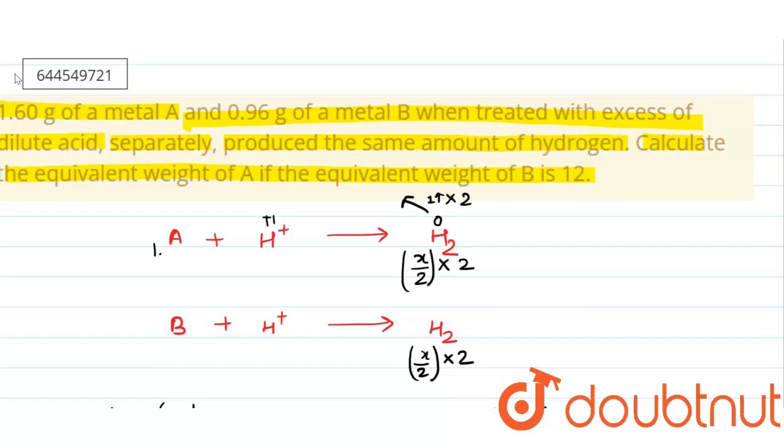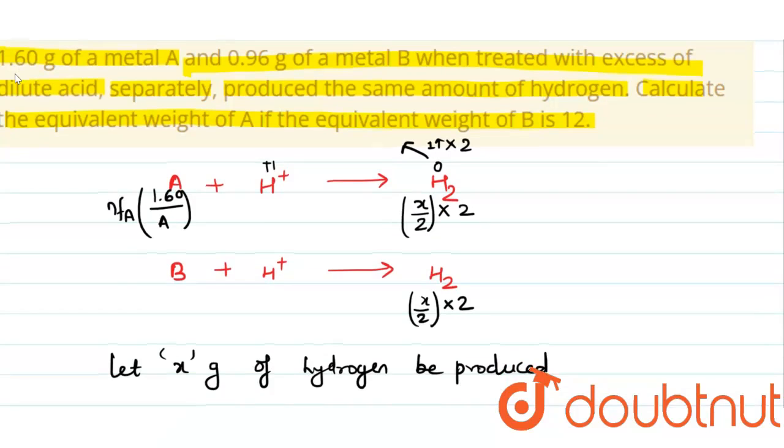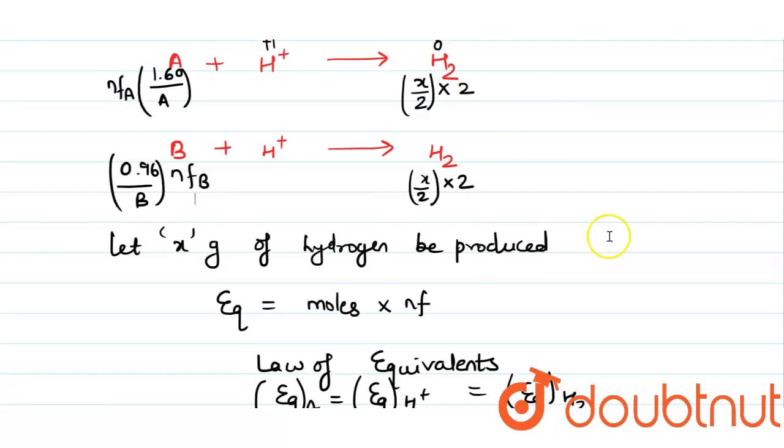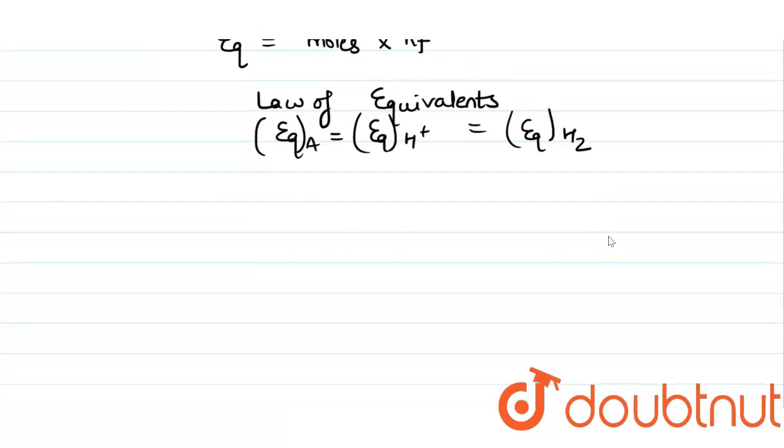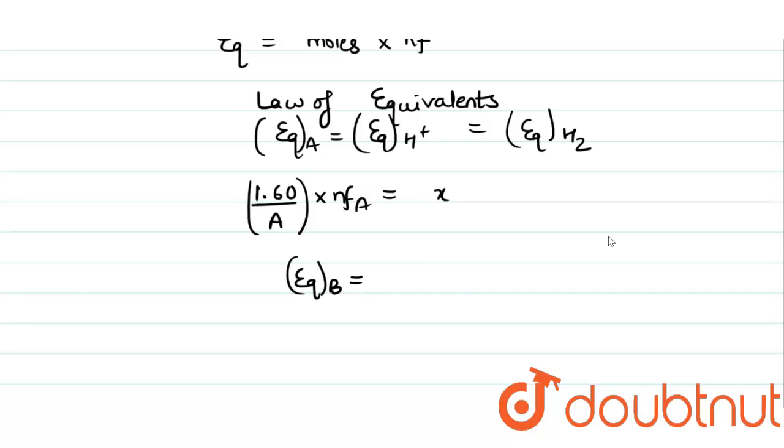We have got 1.60 gram of A. Let the molecular weight of A be A, into n factor of A. Then we have got 0.96 upon B into n factor of B. So 1.60 upon A into n factor of A is equal to X. Then using equivalence of B is equal to equivalence of H2, we have got 0.96 upon B into n factor of B is equal to X.